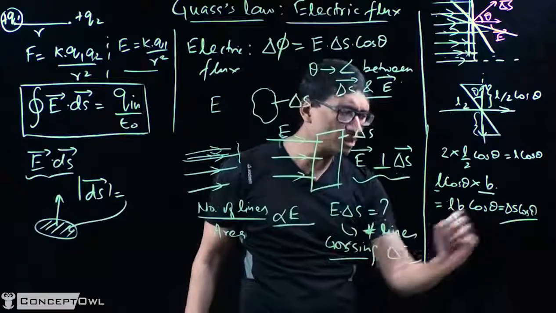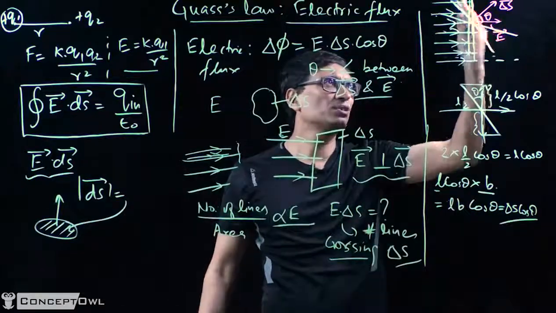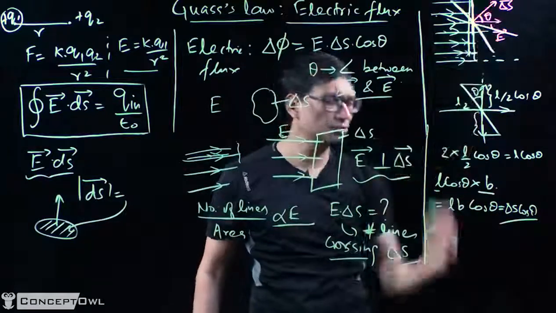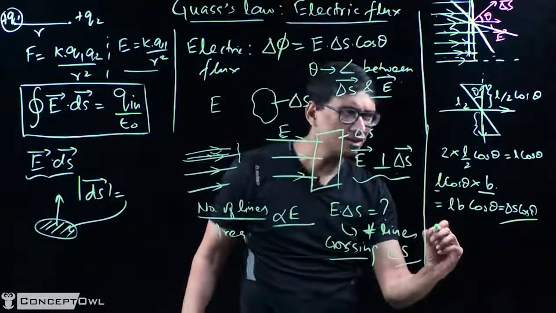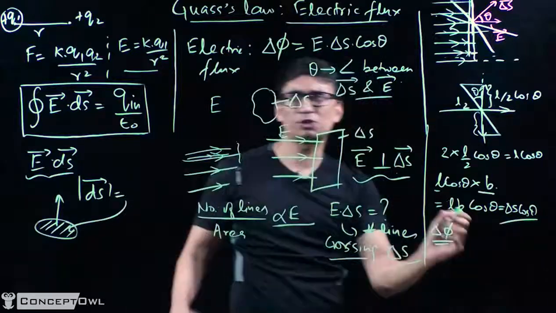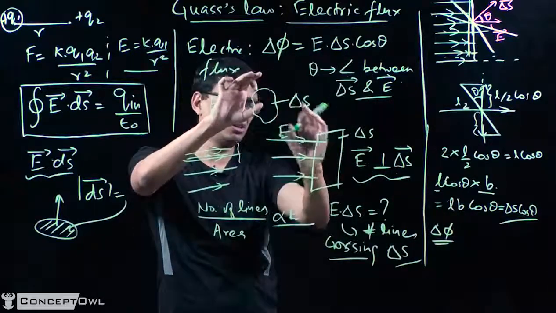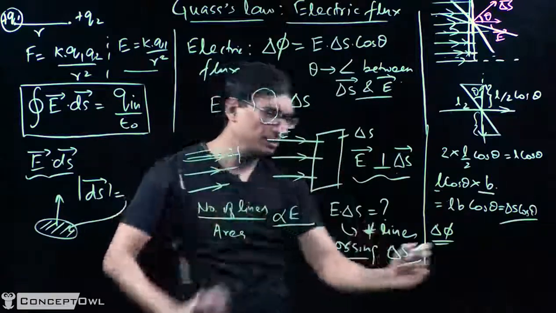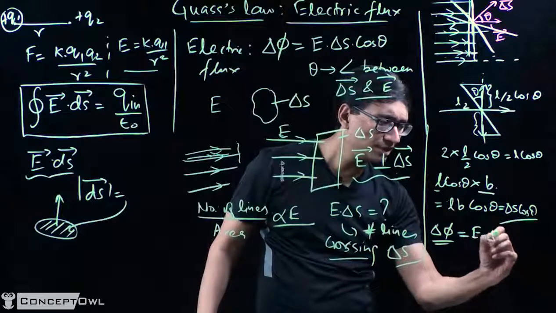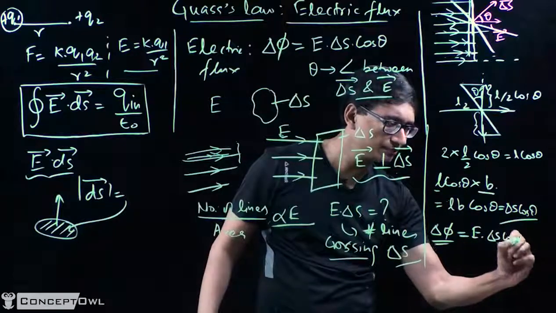So if I ask you what's the number of lines passing through the surface area when it's at an angle theta, I'll say that my delta phi, which is the flux I was talking about, is nothing but E into delta S cos theta.